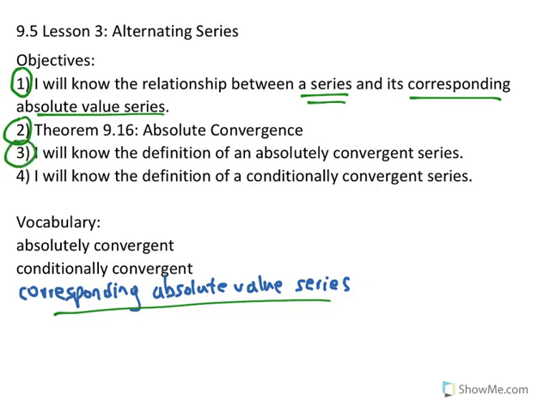And then we use that to look at the definition of an absolutely convergent series. The example we began our lesson with was absolutely convergent because its corresponding absolute value series converges. And then we also looked at an example for the definition of a conditionally convergent series.